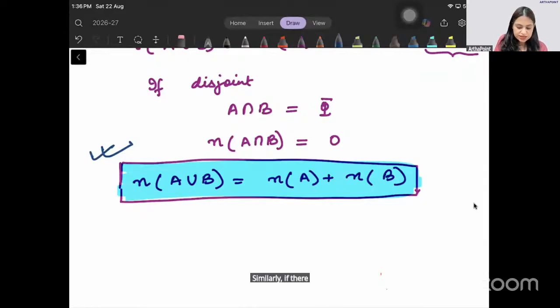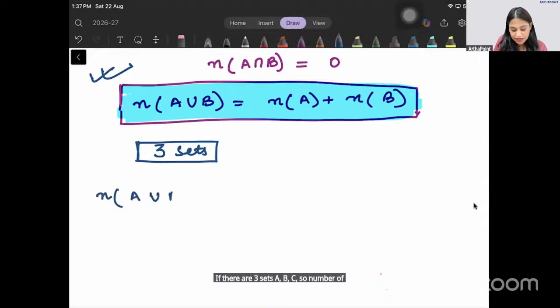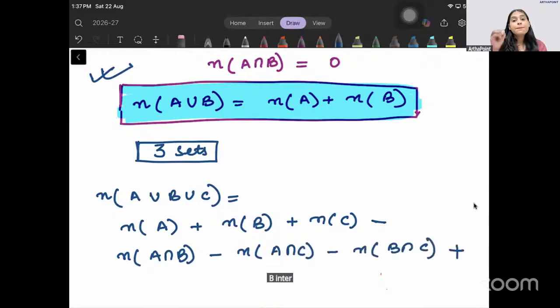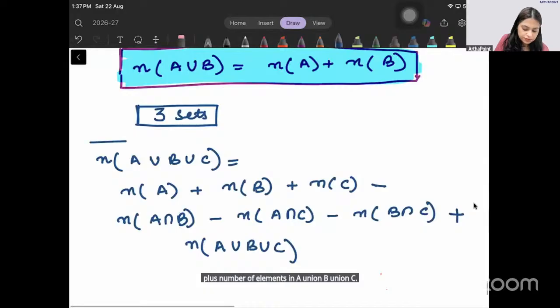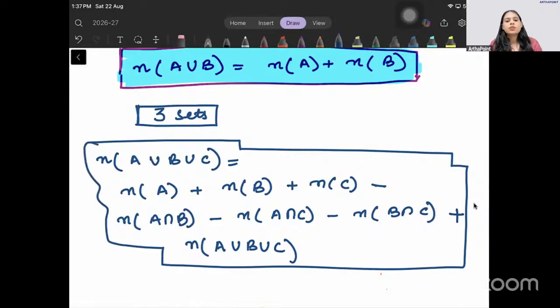Similarly, if there are three sets A, B, C, the number of elements in A union B union C can be written as the number of elements in A plus B plus C, minus A intersection B, A intersection C, B intersection C, plus the number of elements in A intersection B intersection C. Right?